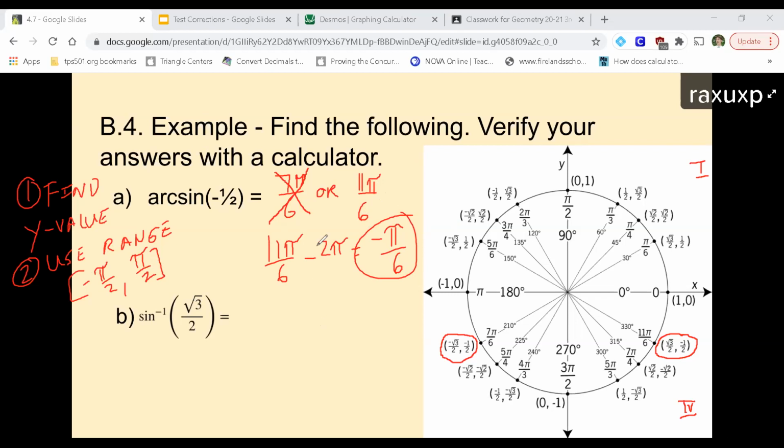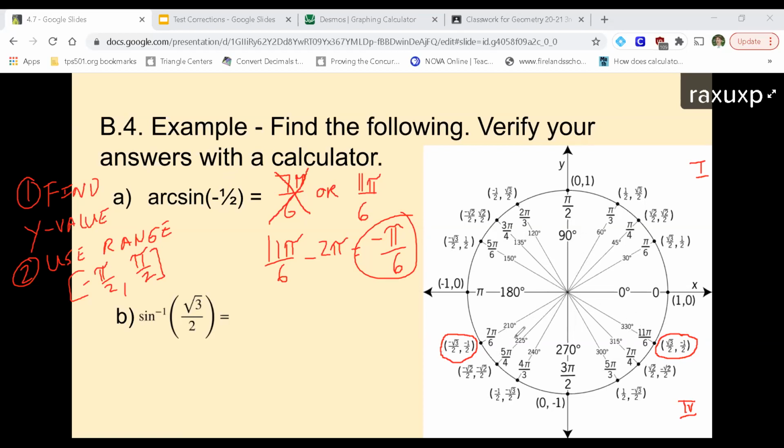And again, you get that in 2 steps. First, you find the y value that it's giving you in your unit circle. And then you'll almost always get 2 answers. There's only 2 y values that'll give you 1 answer.